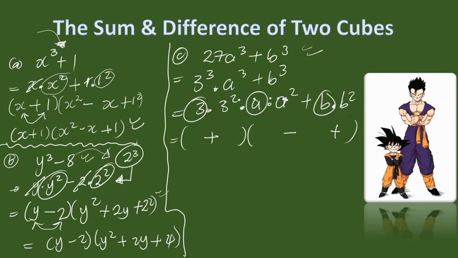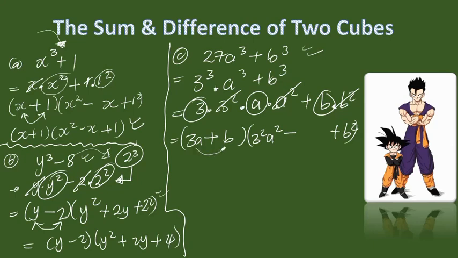So these ones come before the sign, the positive sign. So also here they'll come before the sign. That is 3a. The b comes after the sign. Also here it will come after the sign. And then the 3 squared and the a squared will be here, right? And then the b squared will be where? Here.